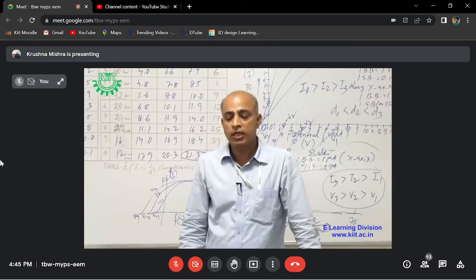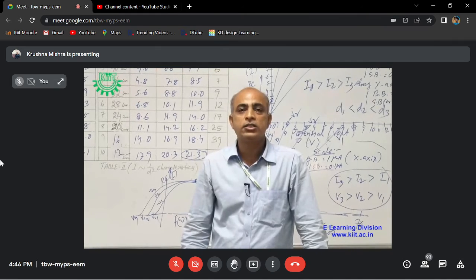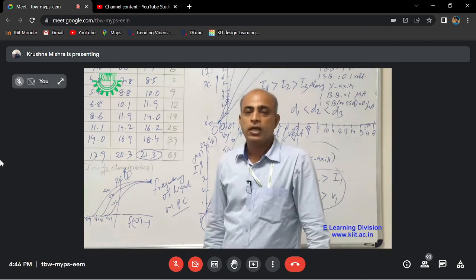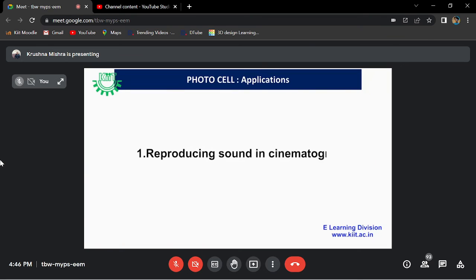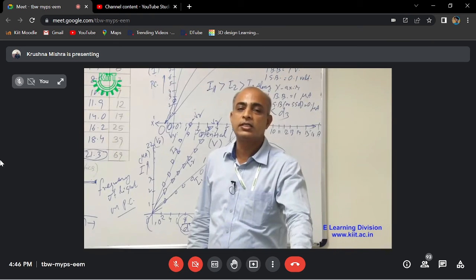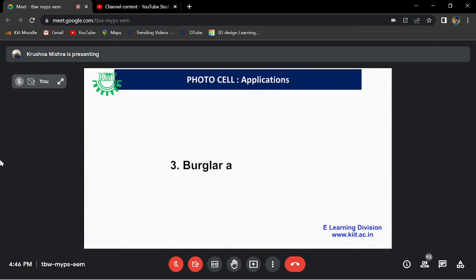At last we will come to the applications, why we are studying this experiment. Photocells have very wide applications in our day-to-day life. In reproducing sound in cinematography, photocells are used. In street lights and street signals, the automatic switching on and off is because of photocells. Photocells are used in burglar alarms and fire alarms.